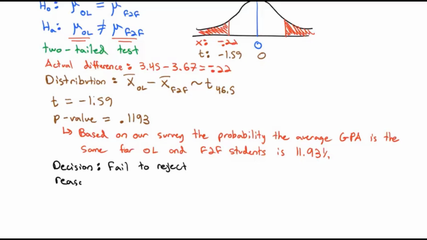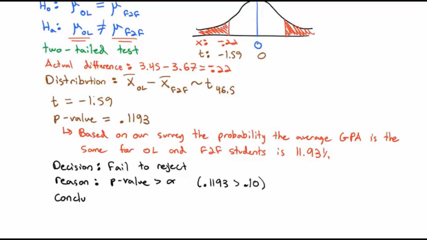The reason is the p-value is greater than alpha. There's more evidence for the null hypothesis. The p-value is 0.1193, alpha is only 0.10.